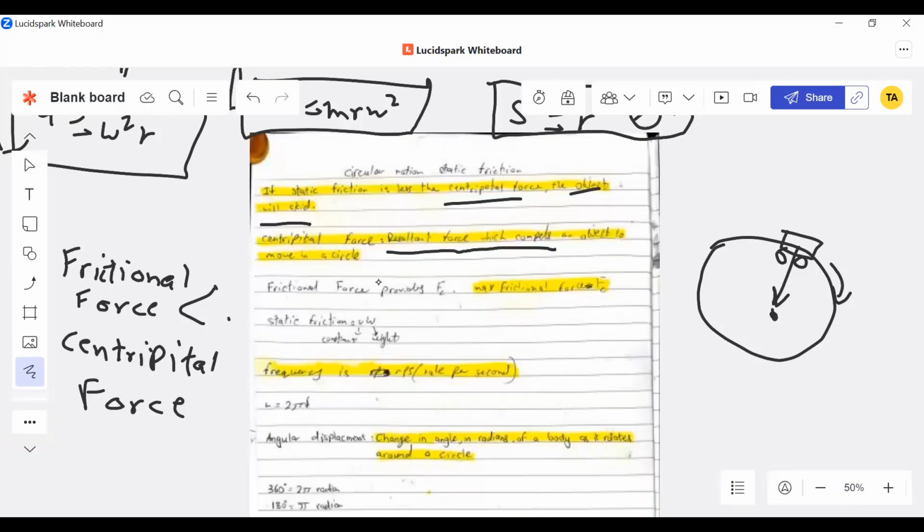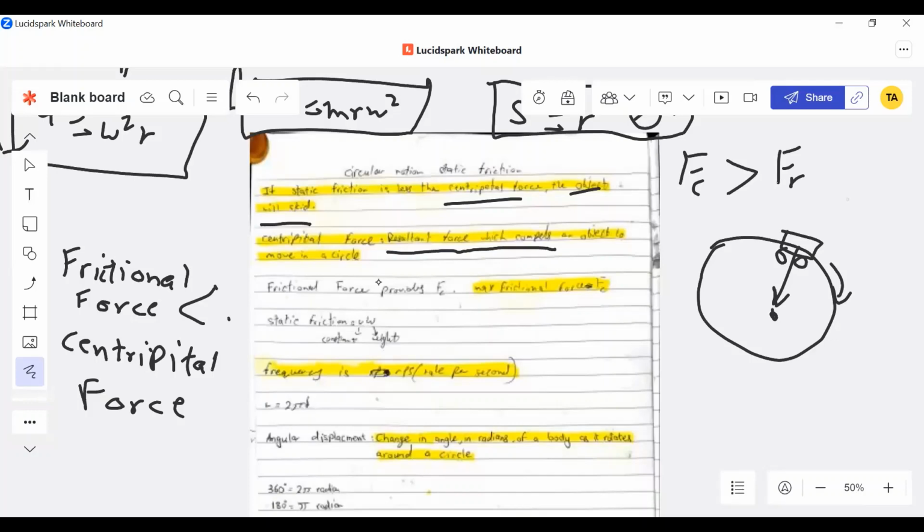For the object to keep rotating, the centripetal force, or simply I can write Fc, which means centripetal force, must be greater than the frictional force, or Fr, the resistance force or the frictional force.